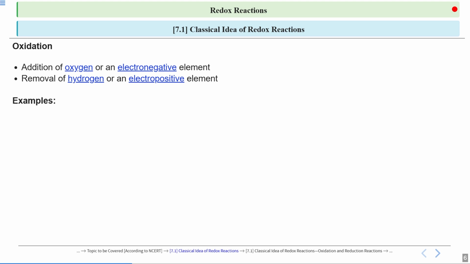So we will look at some examples which will be directly related with the addition of oxygen or an electronegative element, or the removal of hydrogen or an electropositive element, which helps us in clarifying our concept of oxidation. So let's look at the first example, that is addition of oxygen.